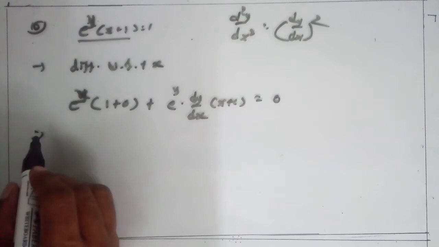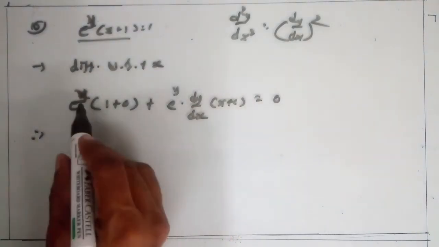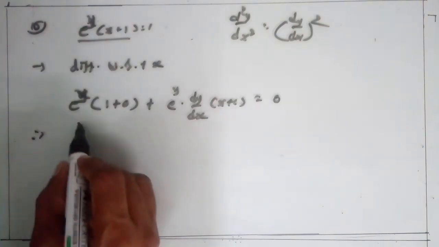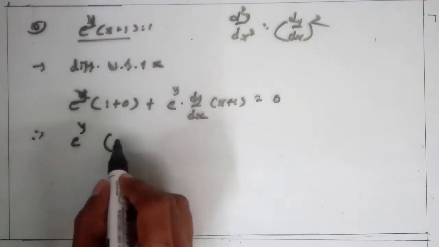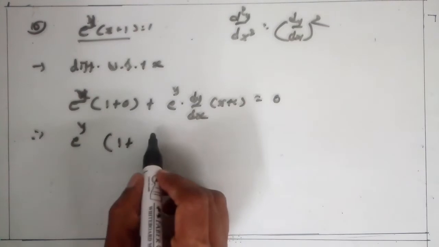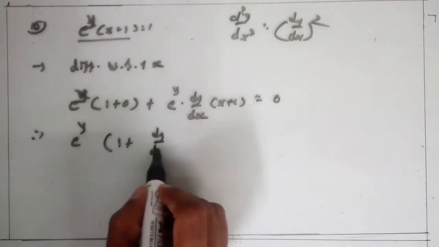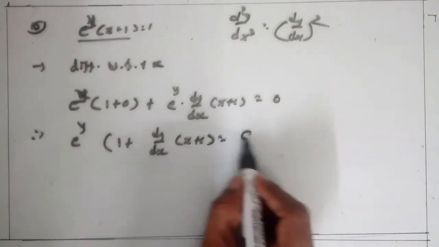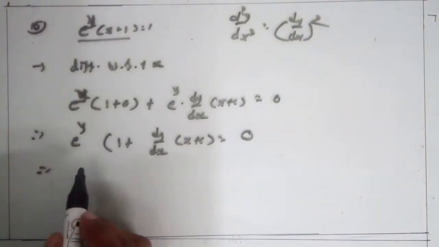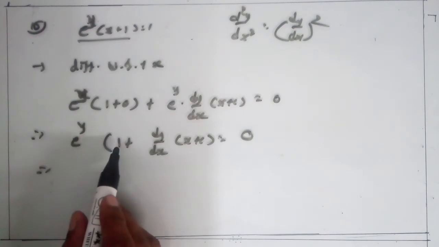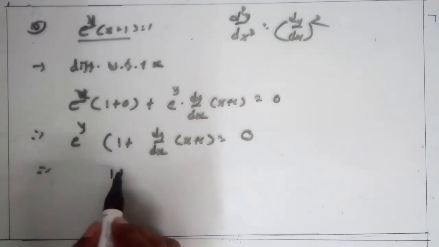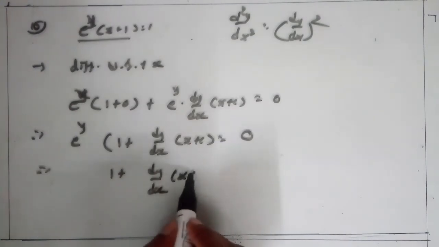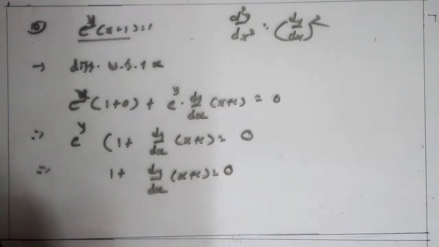Therefore, now e raised to y take common. So here we get 1 plus dy dx into x plus 1 is equal to 0. Therefore, here 1 plus dy dx into x plus 1 is equal to 0.